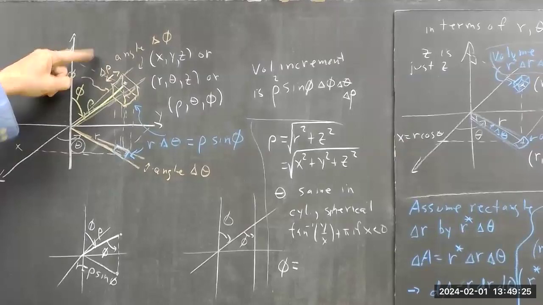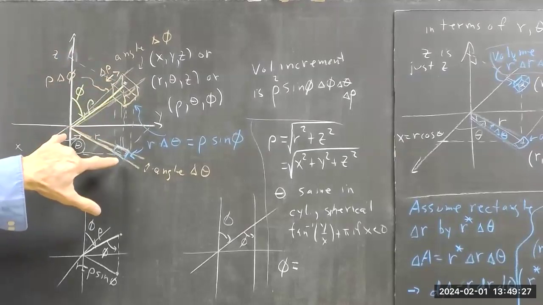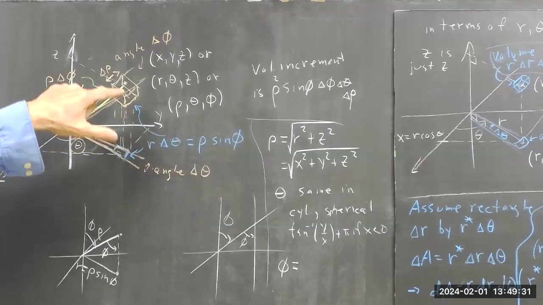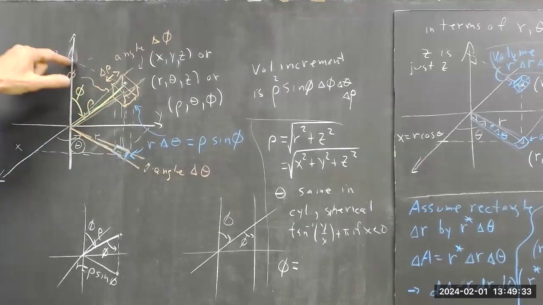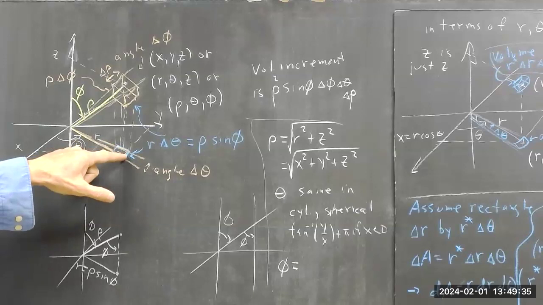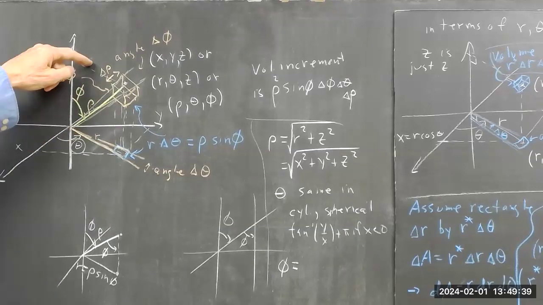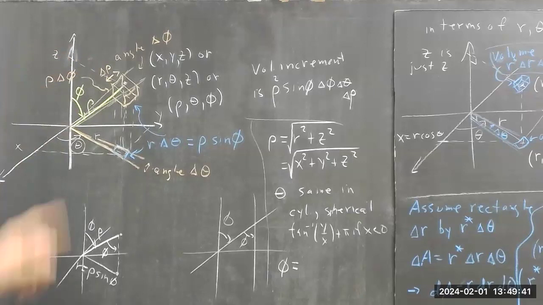The opposite side here is the same as r in cylindrical coordinates, just a projection from this point back to the z-axis at a right angle, and r projects in exactly the same way. So this side is r and this side is z.